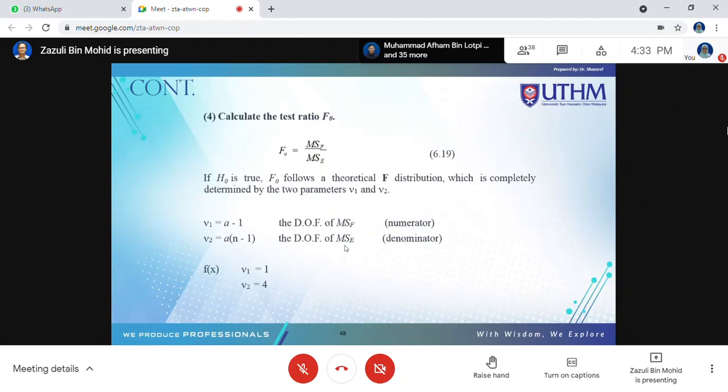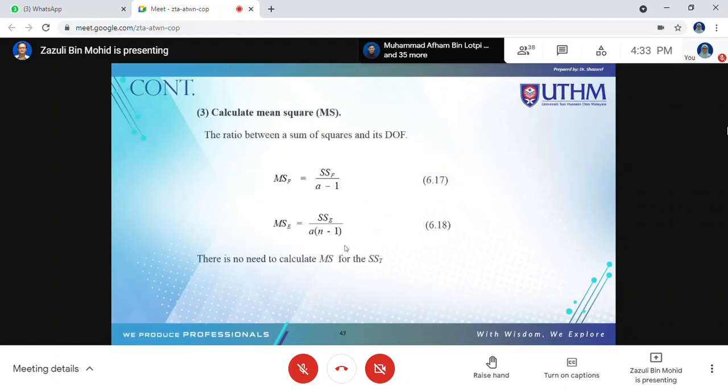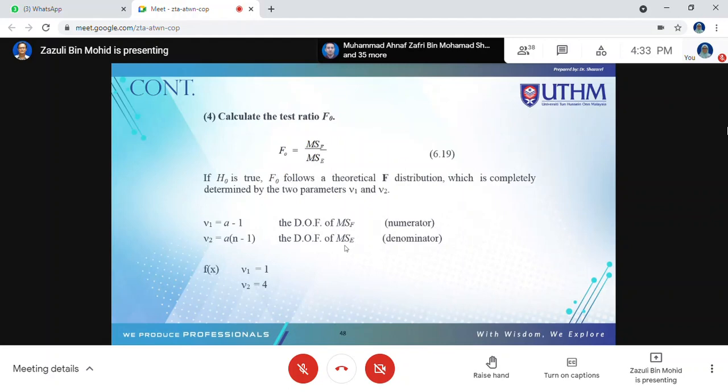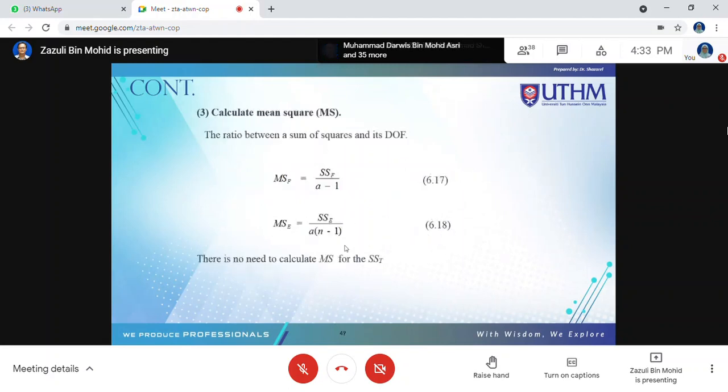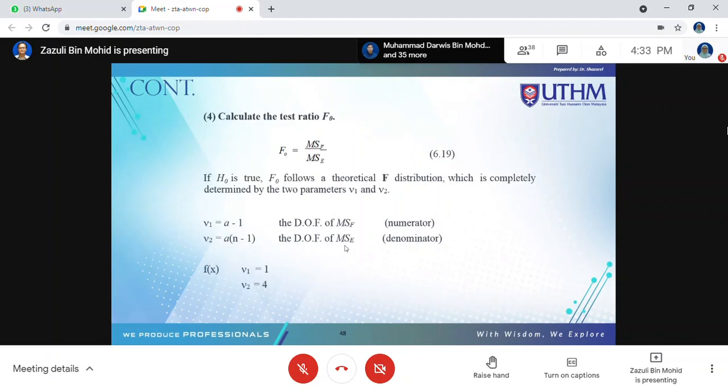From the value of this MSF and MSE, we can use it to calculate the value of F0. From the value of F0 here, we can do judgment by using the F distribution table that I uploaded in the Google Classroom.